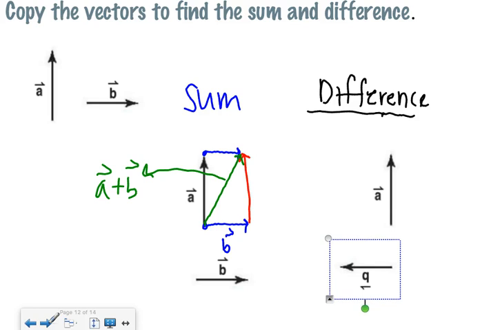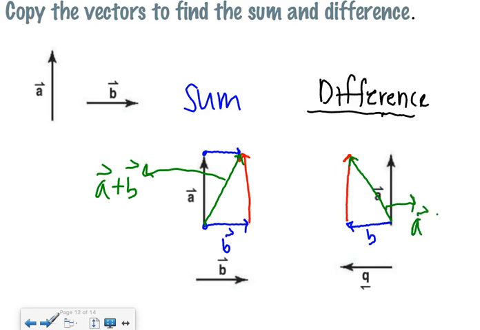All right, let's try this. And then do the same thing. Copy your A again from here. And here's our answer. Kind of goofy.